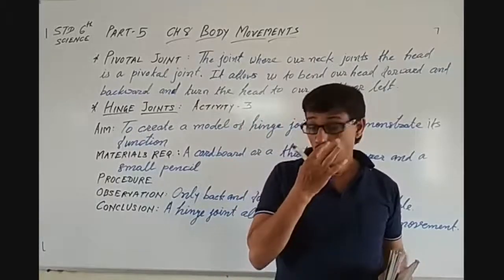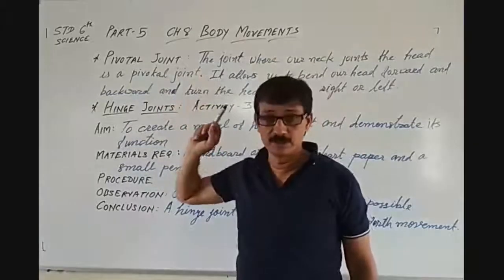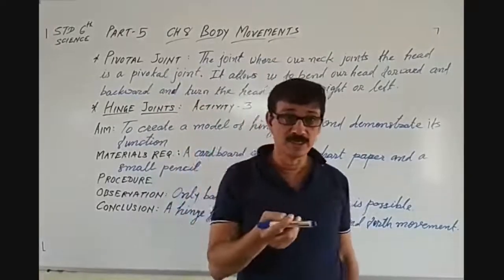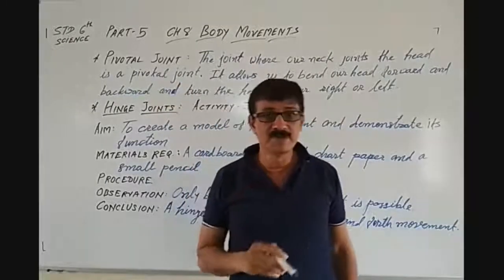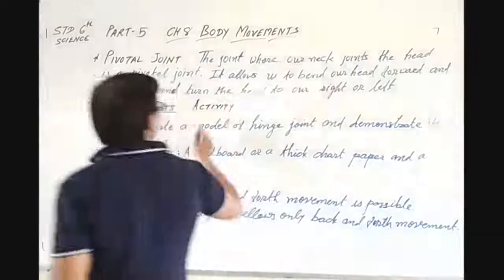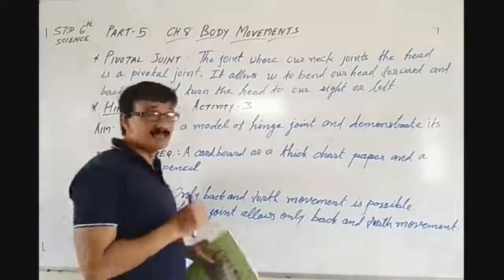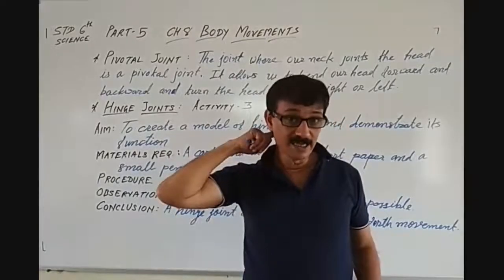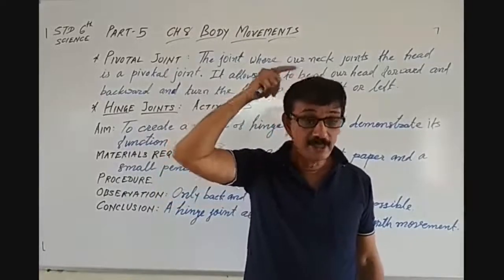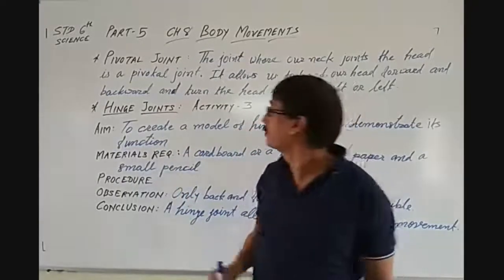Okay. Now, in this part, we will learn pivotal joint. The another joint is known as pivotal joint. So let's try to understand pivotal joint. The joint where our neck joins the head is a pivotal joint.